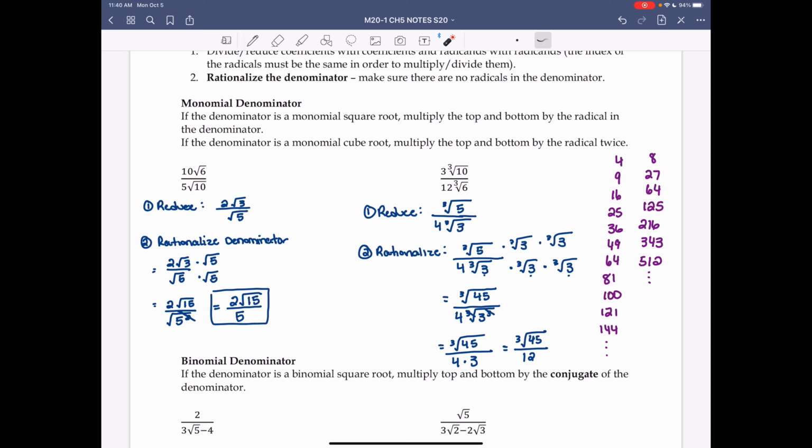In the next example, the cube root of 45, half of 45 is 22.5, so we would be looking at numbers smaller than 22.5, which is just 8. 8 does not divide 45, so our cube root of 45 cannot be simplified, which means cube root 45 over 12 is our simplified answer.